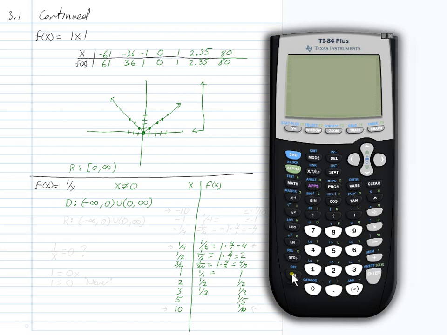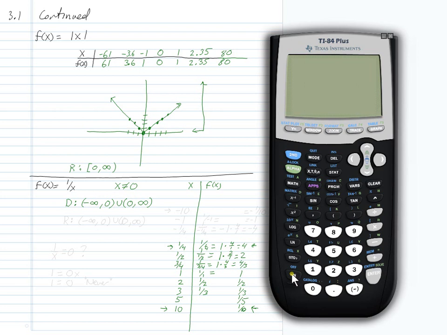When our x values were very small, we got relatively large y values. And as our x values increase in size, our y values seem to be decreasing in size. That kind of makes sense, right? 1 divided by a larger and larger number is going to return a smaller and smaller value.